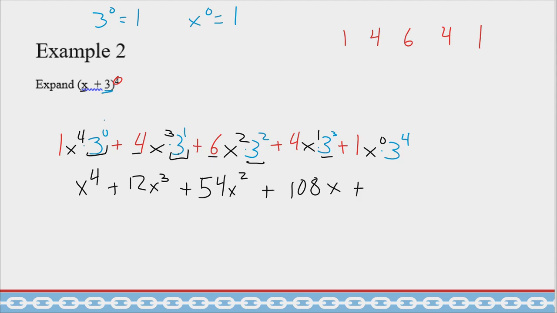And then 3 to the 4th is 81 times 1 times 1. And that's it. Much simpler than x plus 3 times x plus 3 times x plus 3 times x plus 3. So that is a quick look at Pascal's triangle and the binomial theorem.